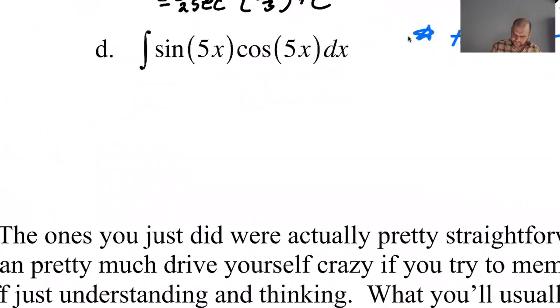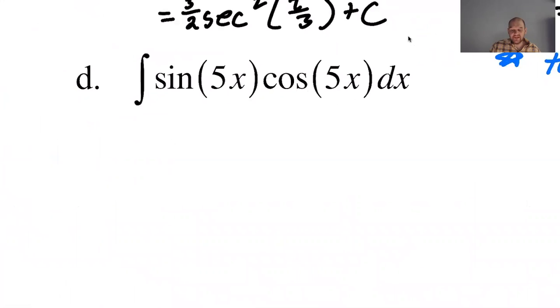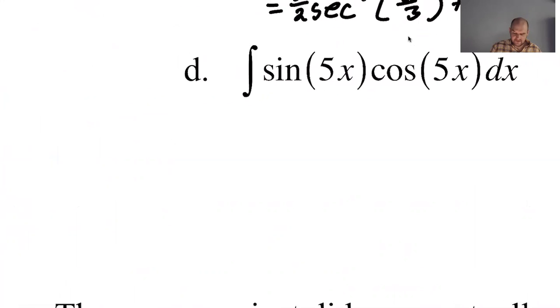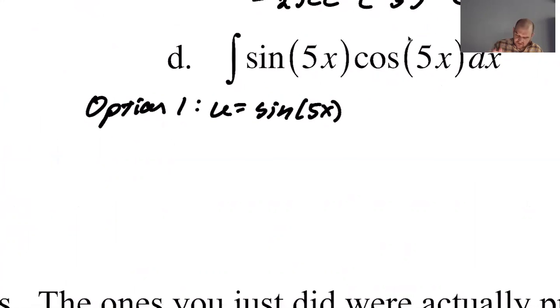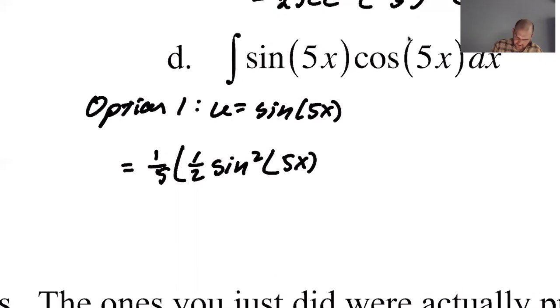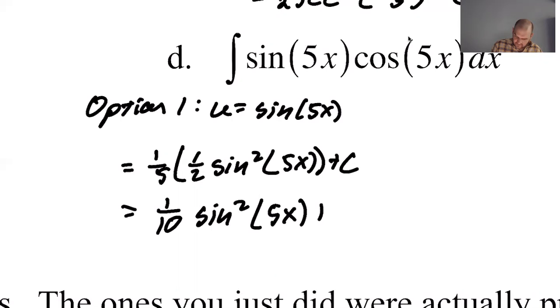All right, there's going to be another one where I can think of 3 ways to do this, unfortunately. So option 1, let's try not to get them wrong. u is going to be sine of 5x, so du is 5 cosine of 5x, so this will give us 1/5 and then 1/2 sine squared of 5x plus c, so 1/10 sine squared of 5x plus c.